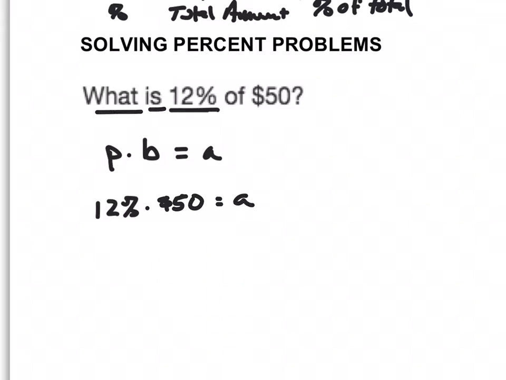Now the first thing we have to do is turn this percent into a decimal. So we're going to move our decimal place over 2 spaces, and we get 0.12 times $50 is equal to A. Then we just multiply these two numbers together to get that value of A. If I do 0.12 times 50, that's going to give me 6.